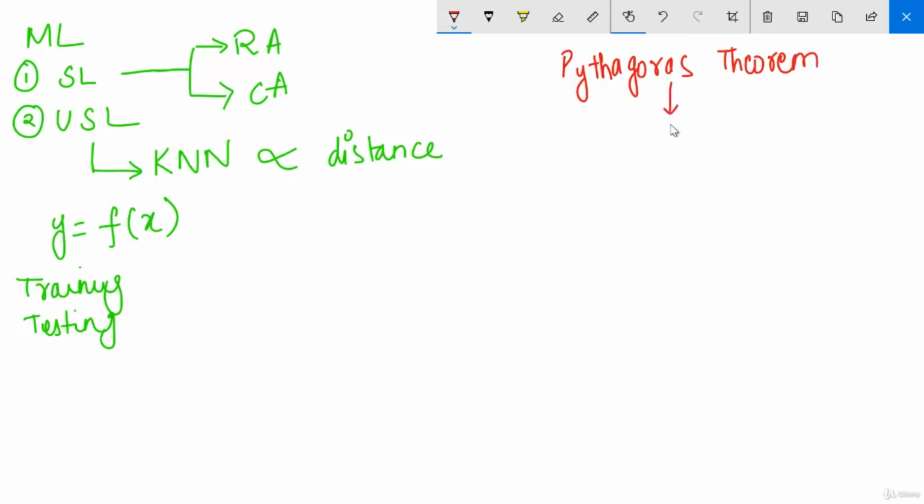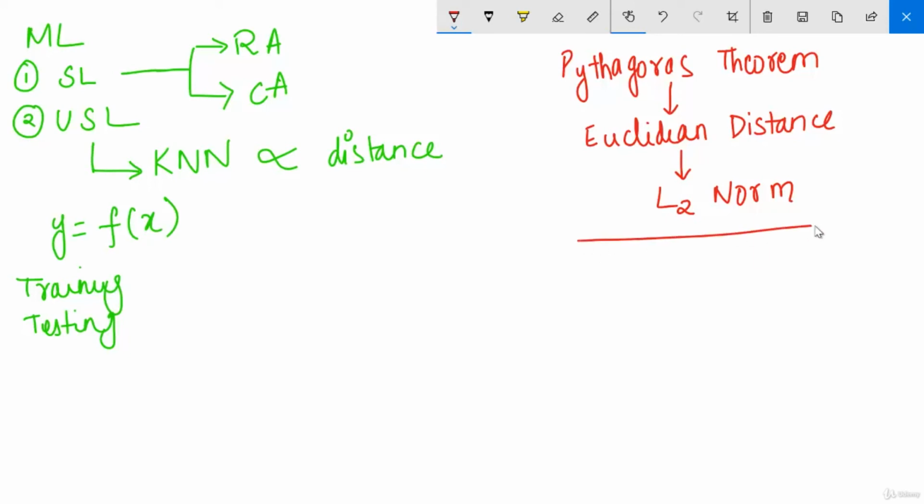We have seen Euclidean distance. From Euclidean distance, we have seen L2 norm, and then we have also seen Manhattan distance.